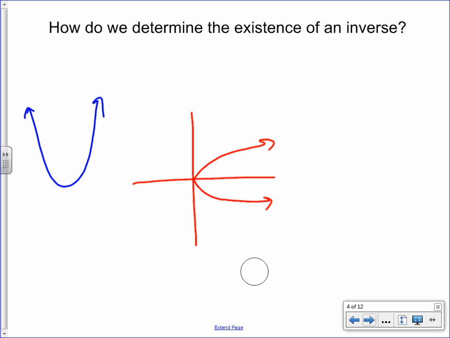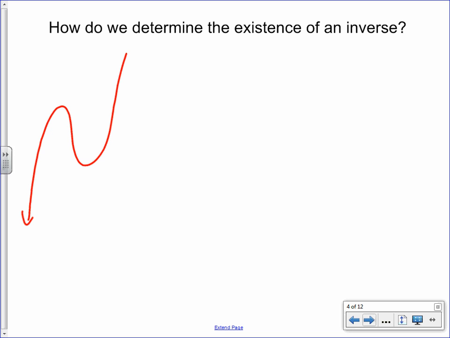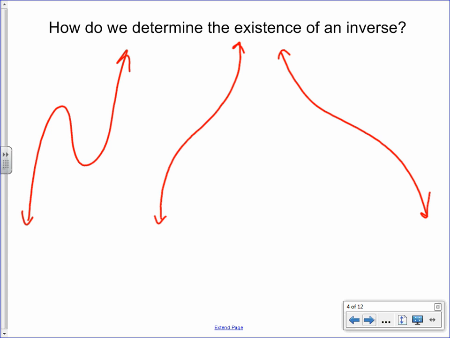So what did you say? Does this pass the horizontal line test? Absolutely no. Does this one pass the horizontal line test? Yes. Does this one pass the horizontal line test?